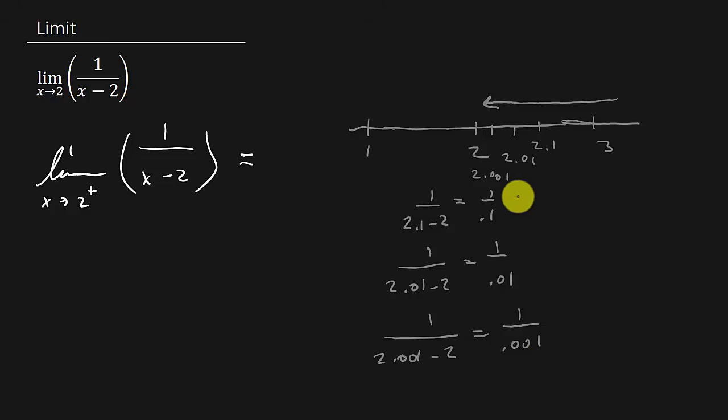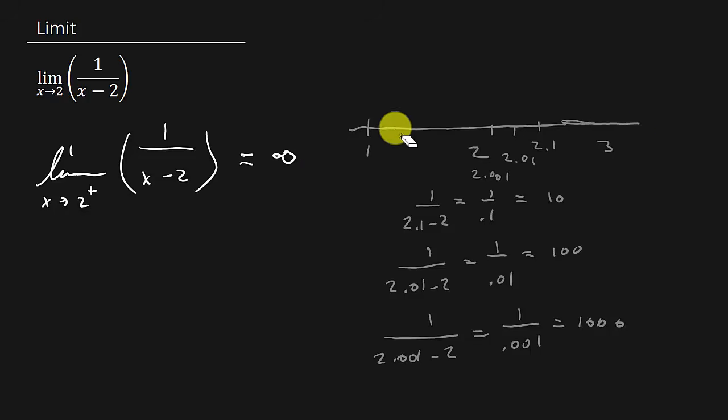You can see that that's 10, that's 100, and that's 1,000. Well, what's happening there? As we're getting closer and closer, the numbers are getting really, really big. This numerator here is staying at 1, but the denominator just keeps getting smaller and smaller, so the whole fraction's getting larger and larger. And so we can say that this is going to infinity.